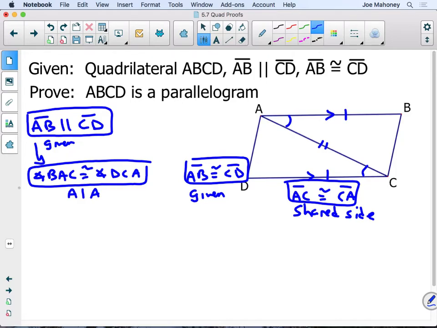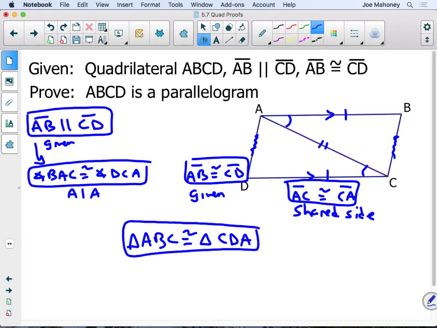And now here's what I'm thinking. If my triangles are congruent, then I know that side BC and side AD are congruent. And then I've got opposite sides parallel. So I think that's my plan. So I'm going to say that triangle ABC is congruent to triangle CDA. And that's going to be true by side, angle, side.